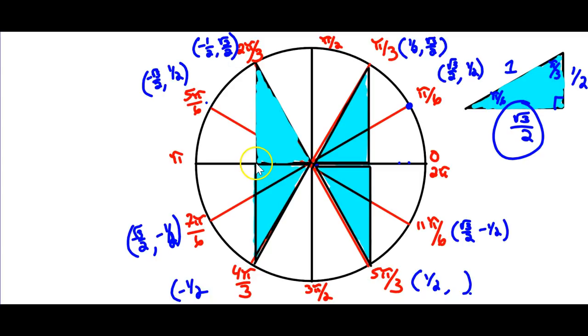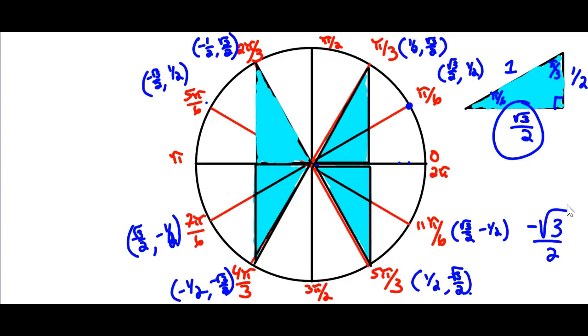Over here I'm going negative 1/2 to the left, and then I'm going down negative square root of 3 over 2. Same thing here, my y value is negative, so this is going to be a negative square root of 3 over 2. Remember, I'm writing this out as square root of 3 with a negative in front, not under the radical. Like that. There's a difference. One's imaginary and one's real here.